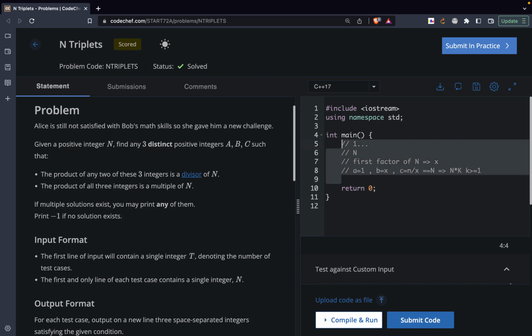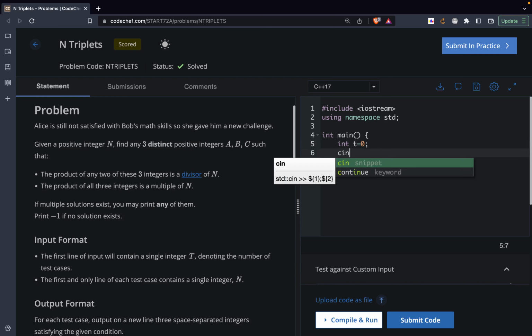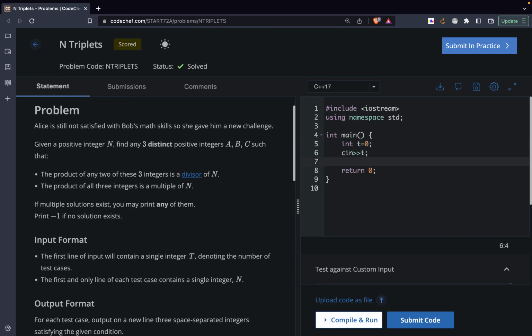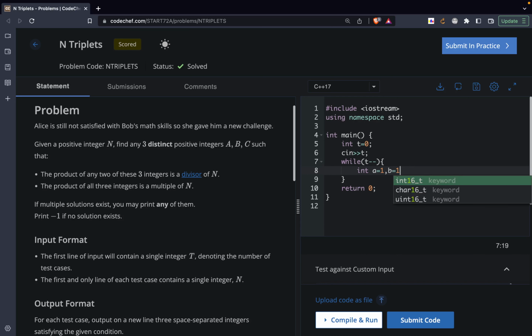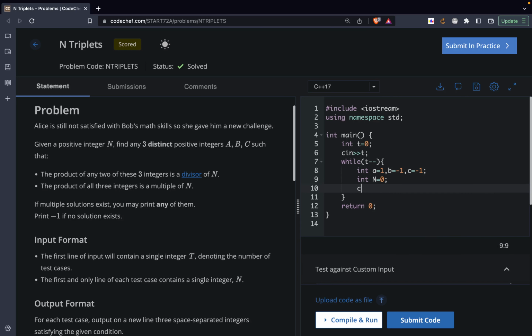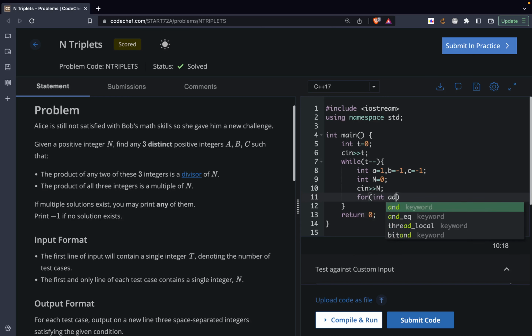Now let's try to code it up. Let the number of test cases be t, and we loop over all the test cases with while t--. We have three variables a, b, and c. I have initialized a with 1, and b and c with -1 for the time being, just as dummy values. We also take n as input. Now I have to find one of the factors of n.